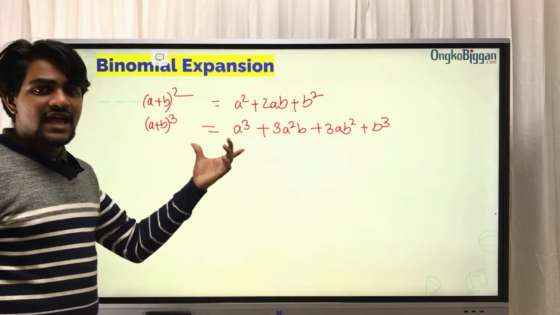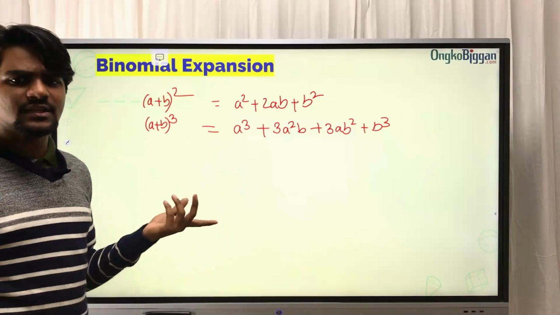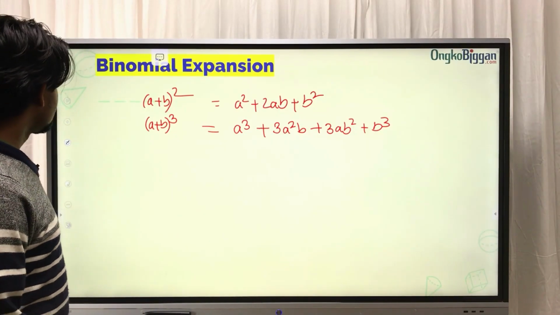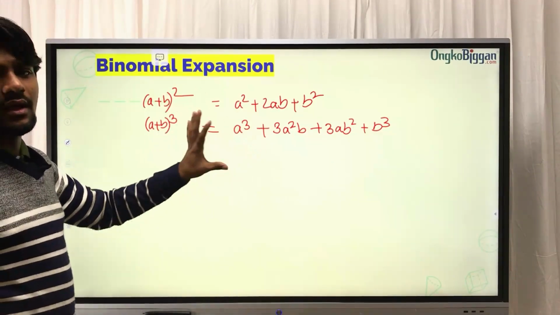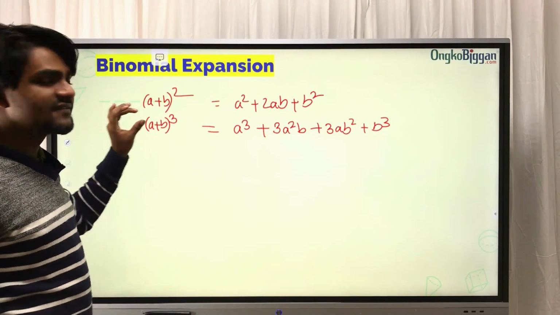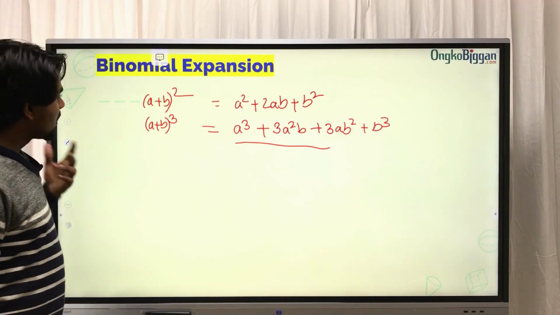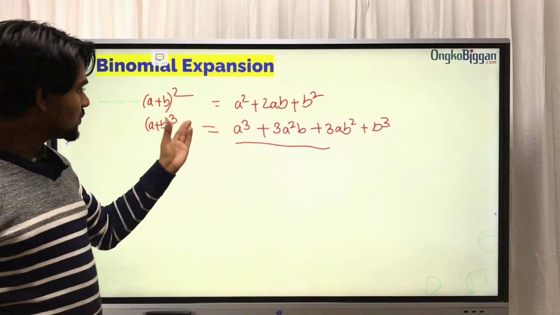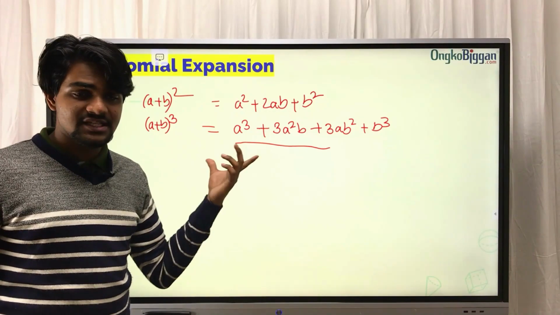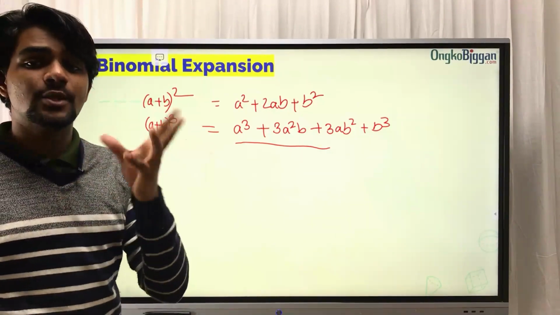I guess you know these identities from class 6, 7. It's been a long time, so you should have no problem finding these values. From these two binomial expansions, we can find some common characteristics of a binomial expansion.